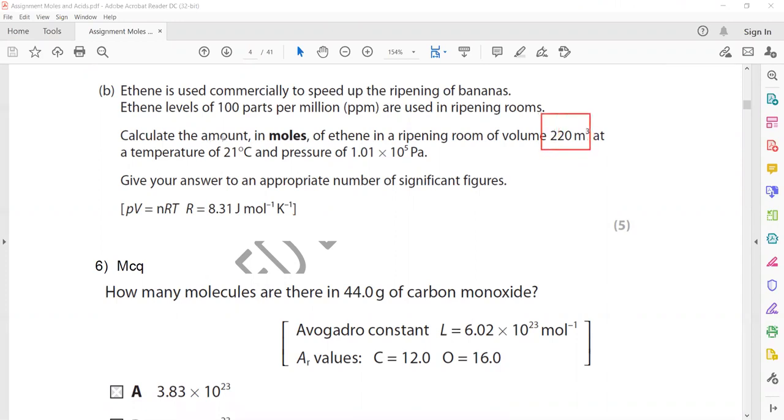The temperature is 21 degrees centigrade and the pressure is 1.01 into 10 to the power 5. They give you the hint that PV is equal to nRT, the general gas equation. The value of R is given, but all should be in the standard SI units, because the temperature is given in degree centigrade, so we have to convert into Kelvin.